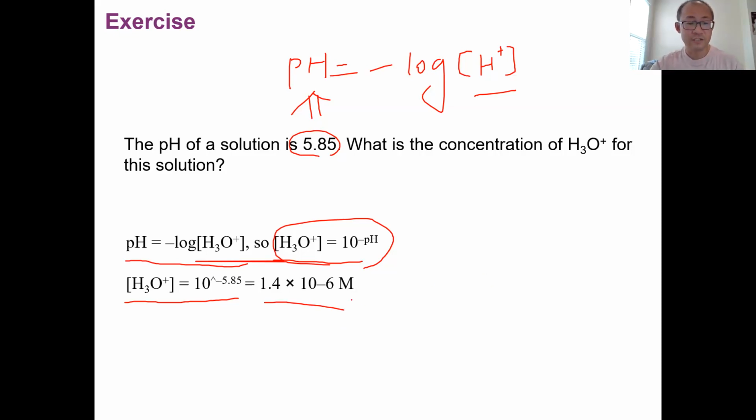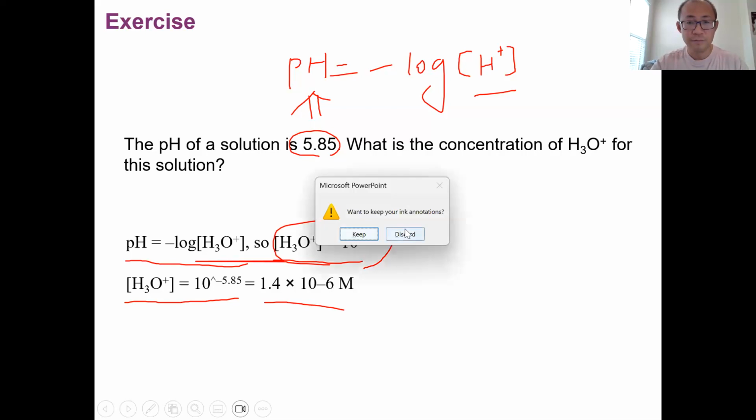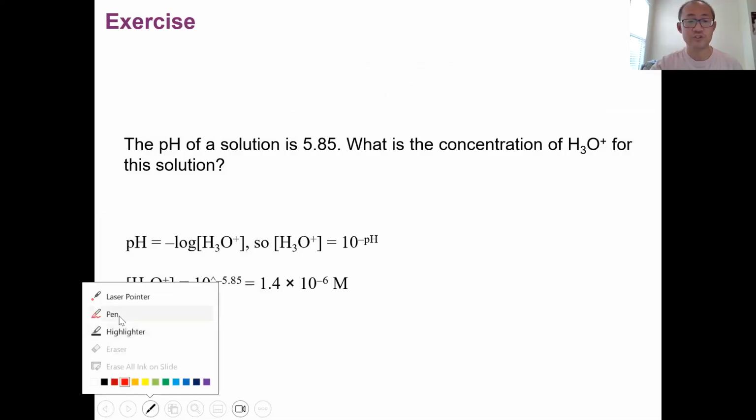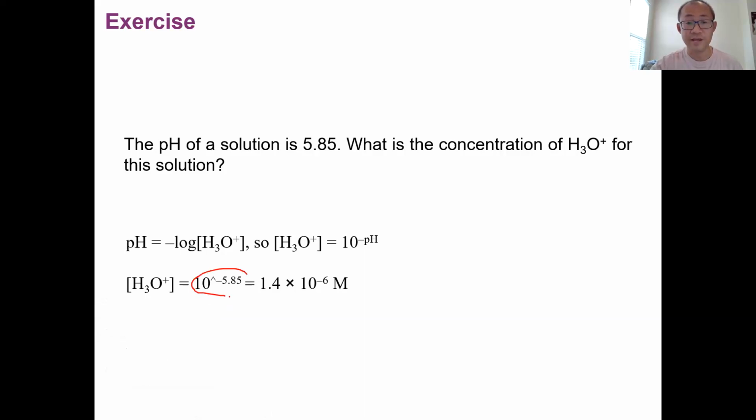I'm sorry, the negative 6 should be an exponent, let me change that. That's how we calculate the proton concentration based on pH: 10 to the negative pH equals the proton concentration, but you have to convert it into scientific notation in your calculator.